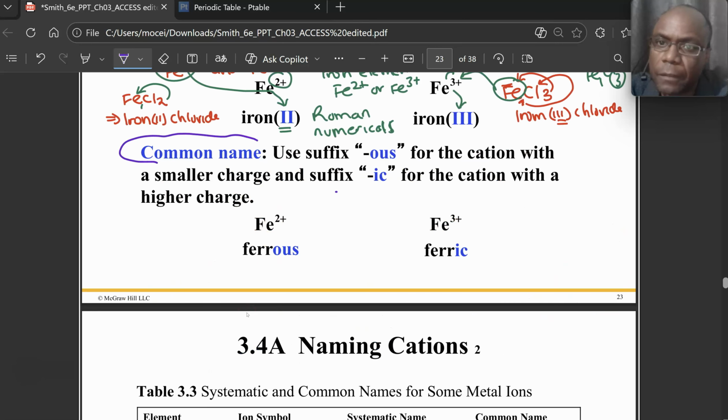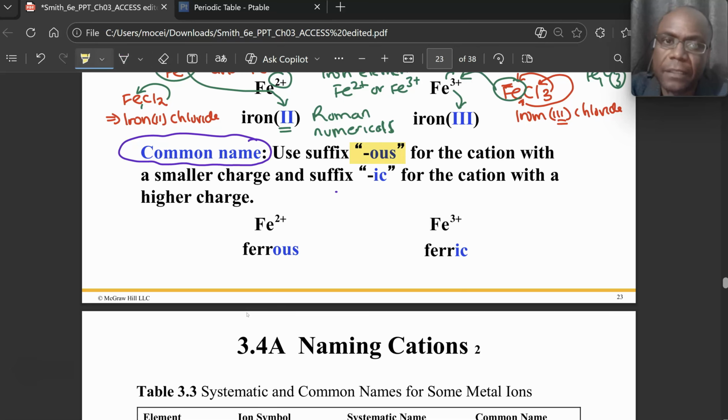We also have common names. Use the suffix "ous". Suffix is the last part of a compound word. Use the suffix "ous" for the cation with a smaller charge, and suffix "ic" for the cation with a higher charge.